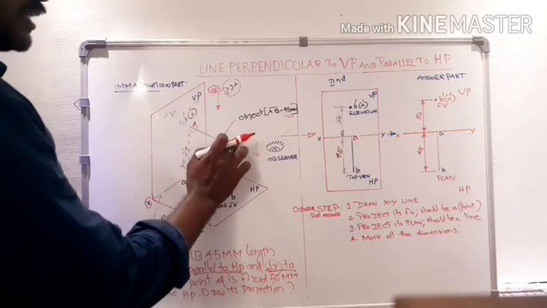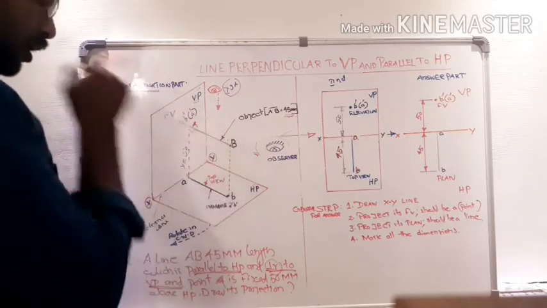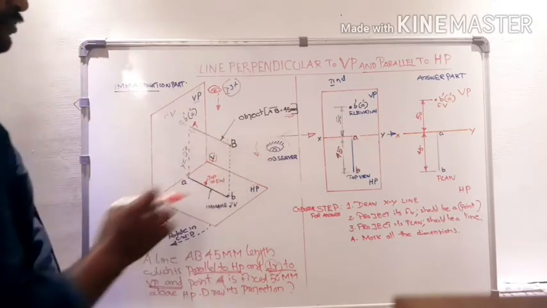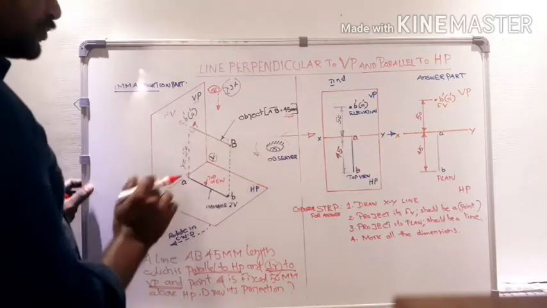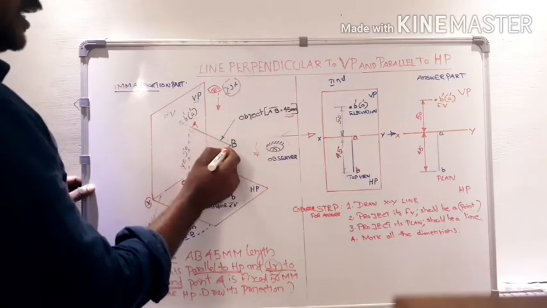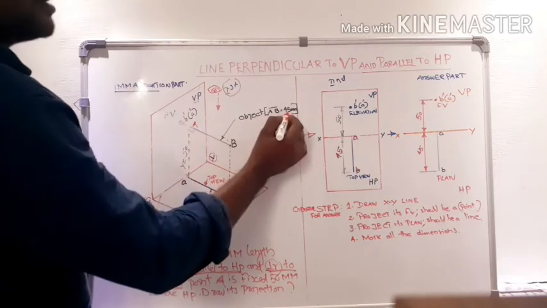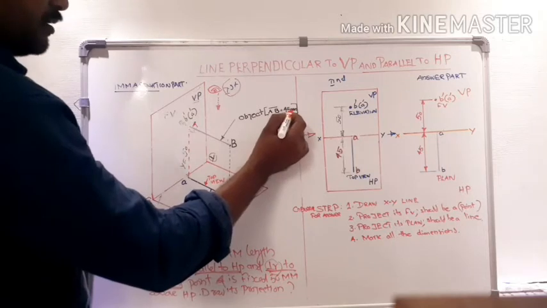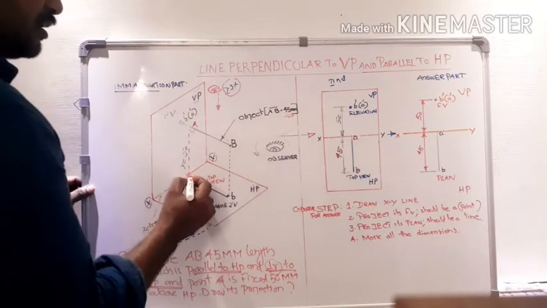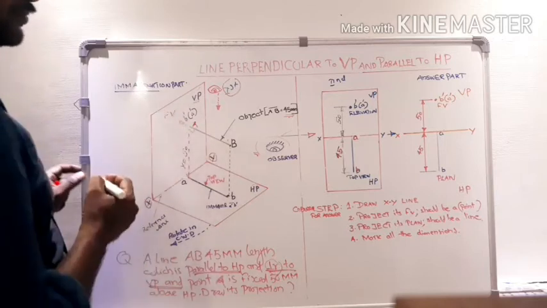So we can say that point B is also 50 mm above HP. Now we can say that our object is a line having the name AB with 45 mm length, which is fixed 50 mm above HP.